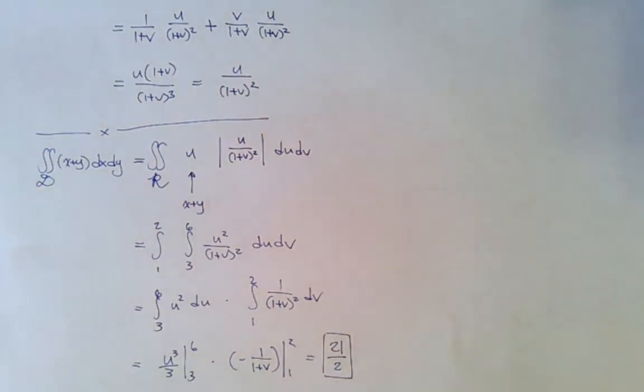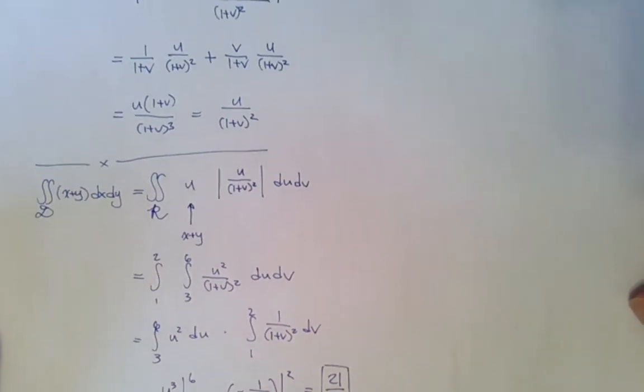If you want, you could chop the original region into 3 pieces and then use usual rectangular integration to see if you get the same answer. I would say that's unnecessary.